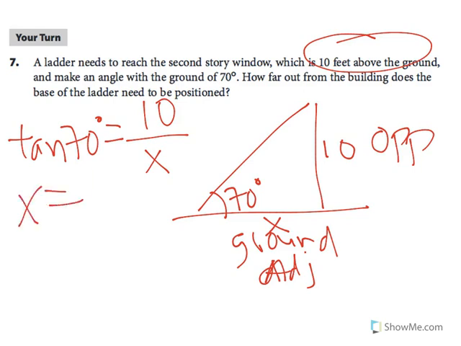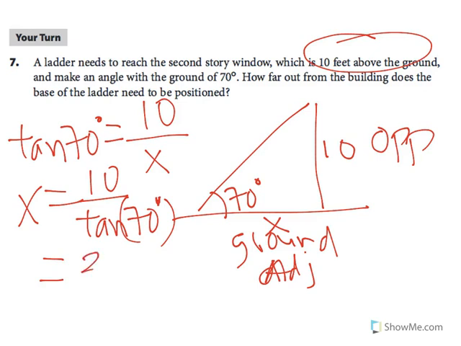So x equals 10 divided by tangent of 70 degrees. And from there, just use your calculator. So 10 divided by tangent of 70 degrees gives us 3.64, and this is in terms of feet.